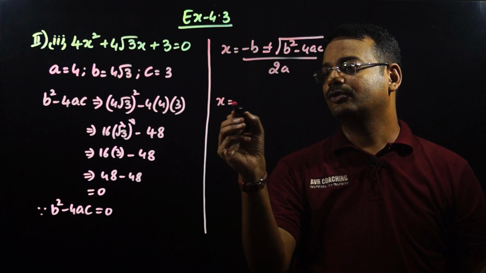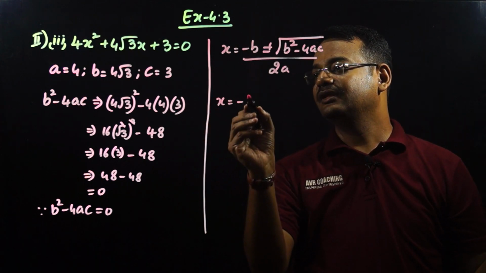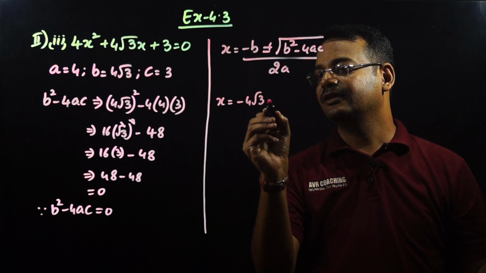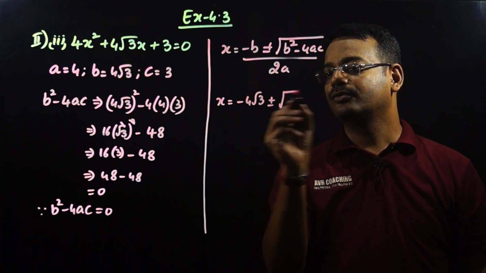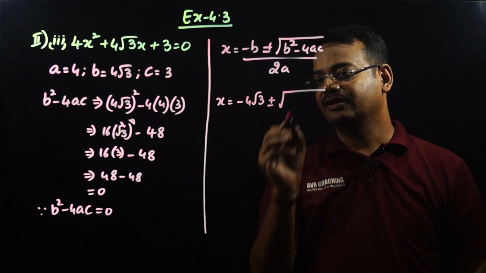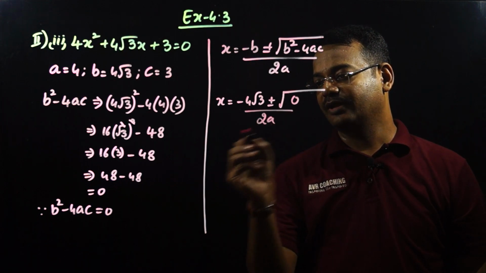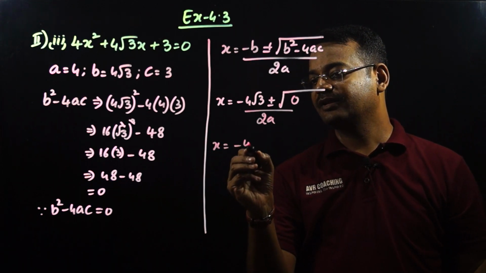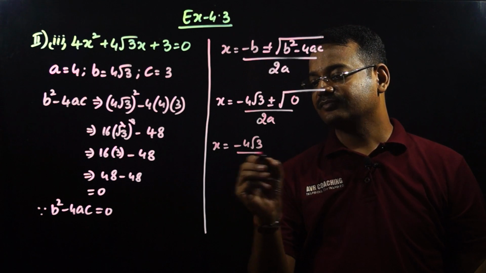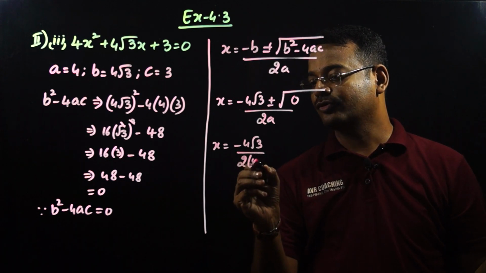So x equals minus b. b is 4 root 3, plus or minus root of b square minus 4ac, which is 0, by 2a. So x equals minus 4 root 3 by 2a. The a value is 4.